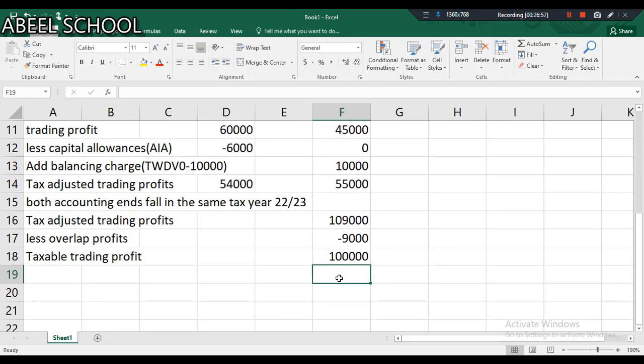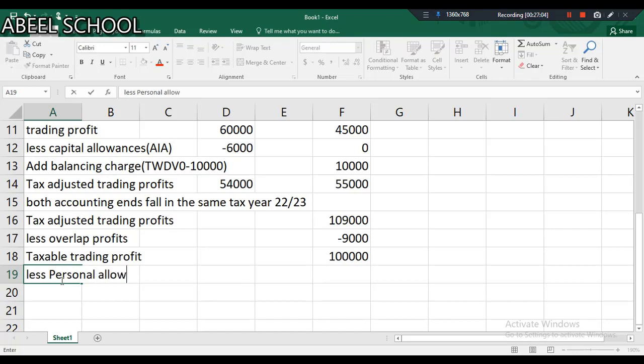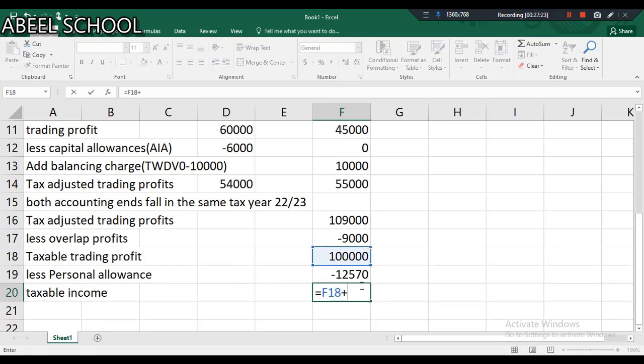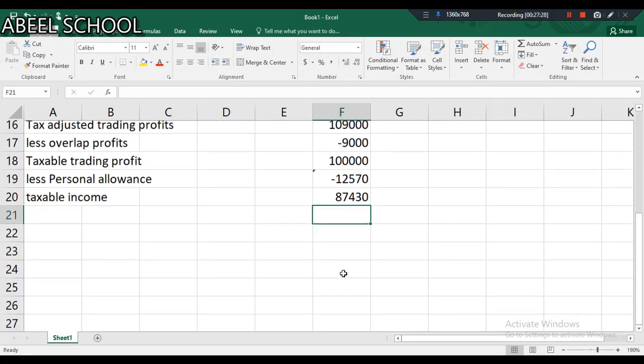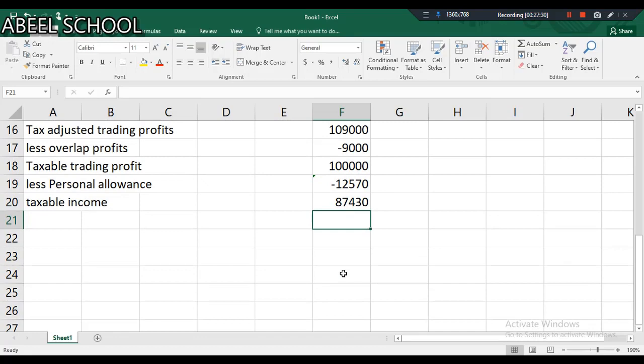Obviously I have to deduct personal allowance. In Finance Act 2021, personal allowance is 12,570. I'll get taxable income. Let's see what the taxable income amount is. Taxable income is 87,430. Basic rate band has a limit of 37,700. Let us calculate income tax now.